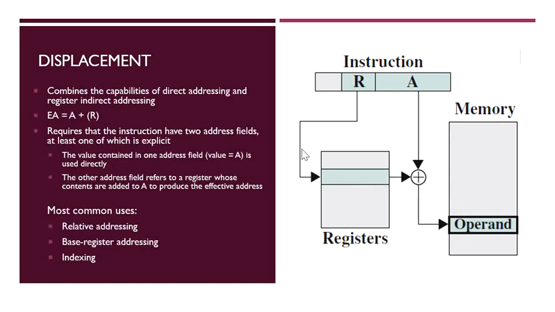In displacement, these two modes are combined. The address from the register is combined with the memory address, and the combination is the memory address that points to the operand. So this is the displacement addressing mode.